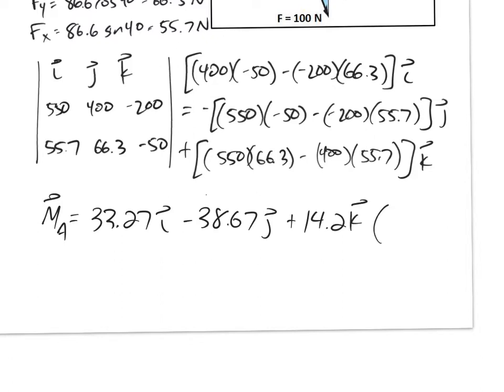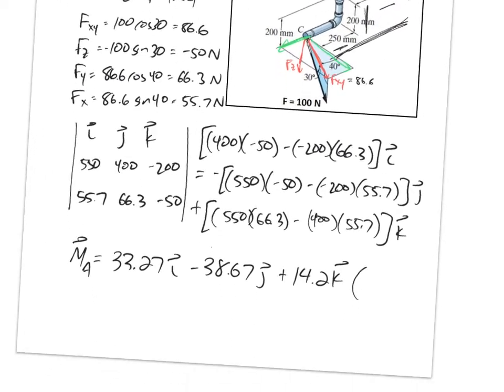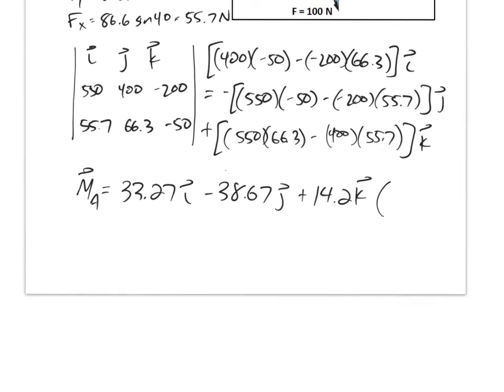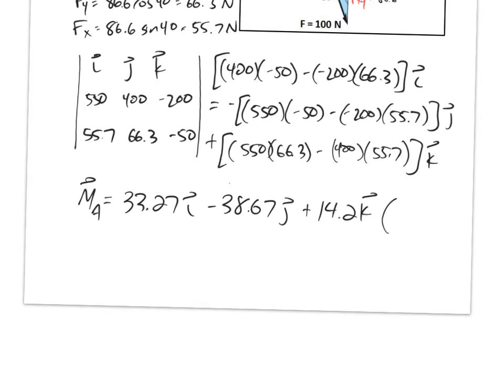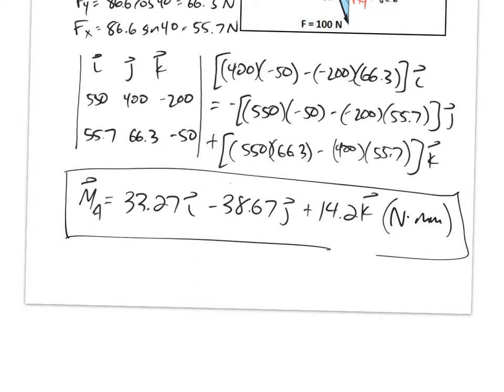This does have units. It's a moment, and moment is force times distance. The forces were in newtons, the distances in millimeters, so newton-millimeters. And that is the answer for part 1.